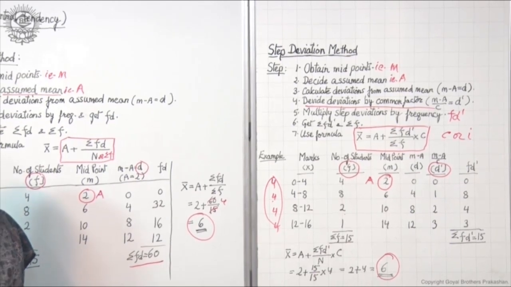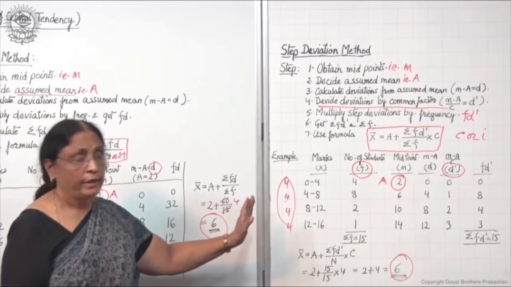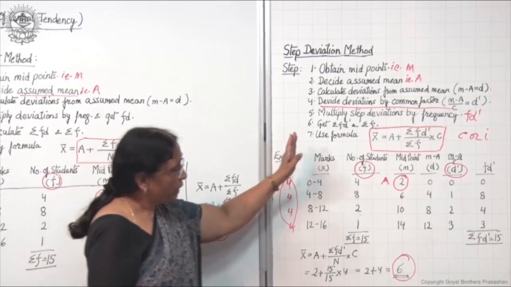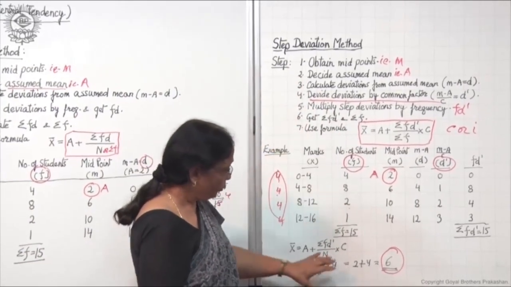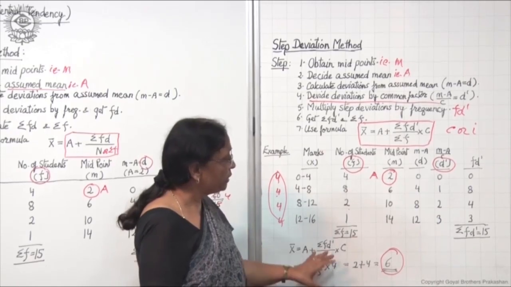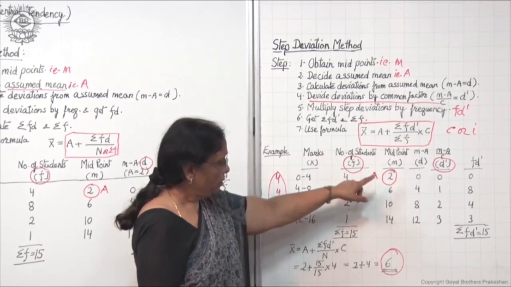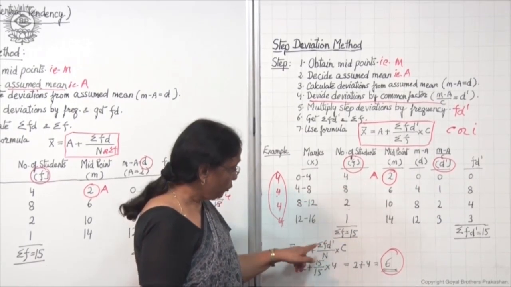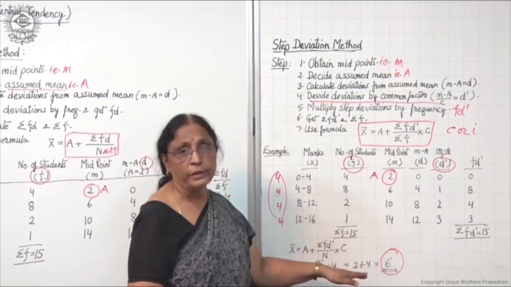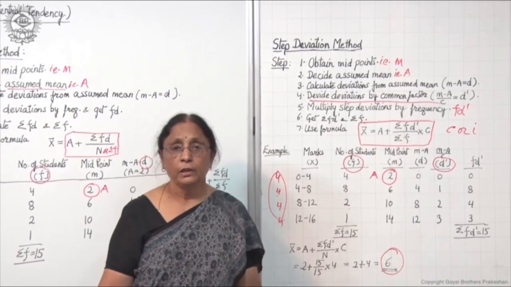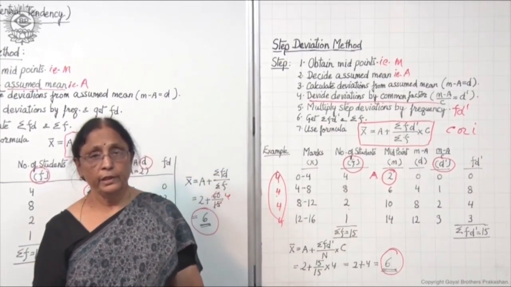Clear? Isn't it interesting? Very interesting. Doing the calculation is also very interesting once you know the steps, and putting the values in the end is very simple. From the tables only you see what is FD dash, what is N, and then write it down and do the simple calculation. Clear?